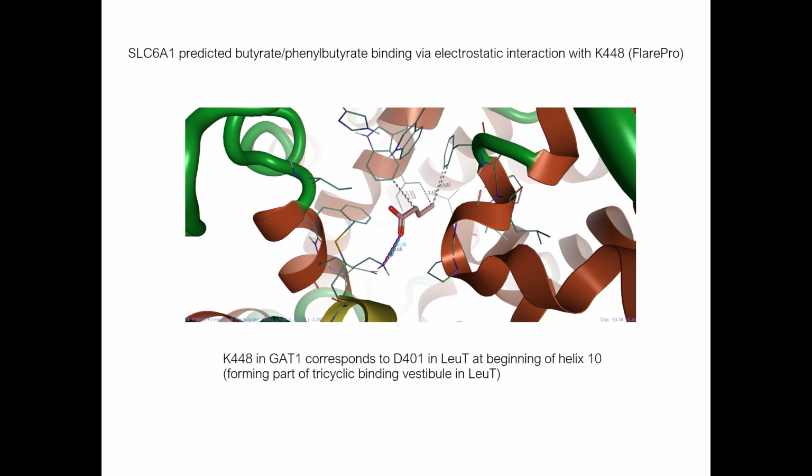And so this provides information that we can use as a hypothesis to start to ask what happens if we mutate residues in the protein around that binding site? Does that affect the binding of butyrate or phenylbutyrate? And also will help us to develop different types of drugs that might work better than butyrate or phenylbutyrate.